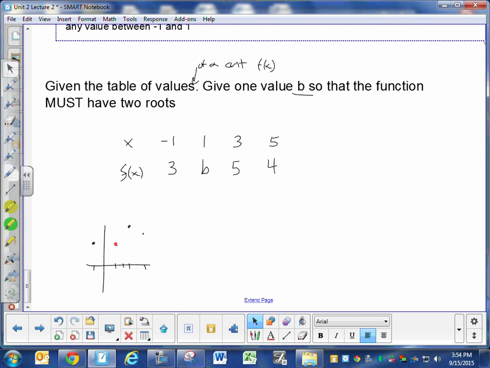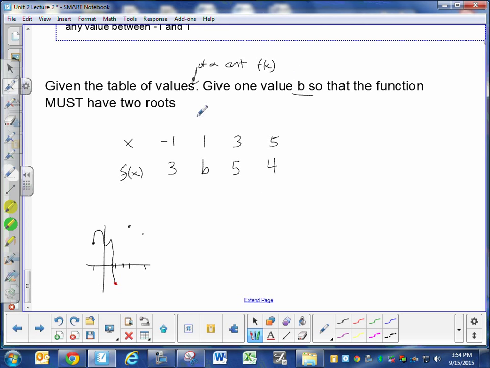I don't know. But if I have it above the x-axis, well, maybe I connect my points like that. I don't know that I have two roots. The only way I must know that I have two roots is if this point is located down here. And then no matter how I connect, whether I come up, I'm still having to go down here, which means a root exists.